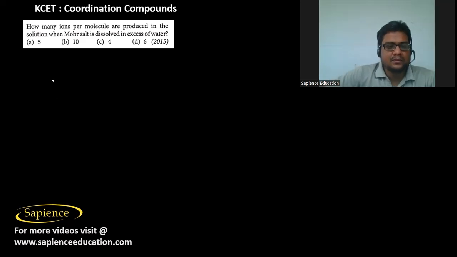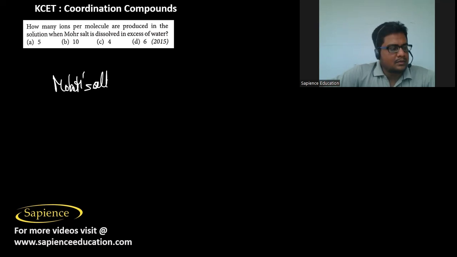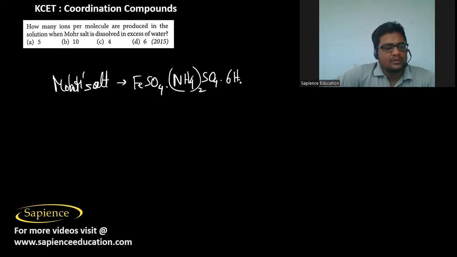So now Mohr's salt is ferrous sulfate and ammonium sulfate, FeSO4.(NH4)2SO4.6H2O.